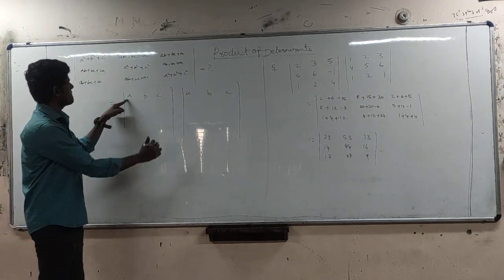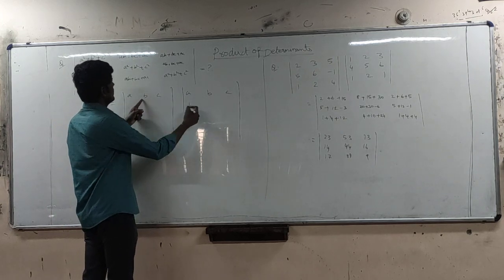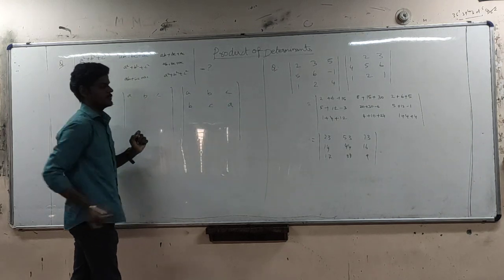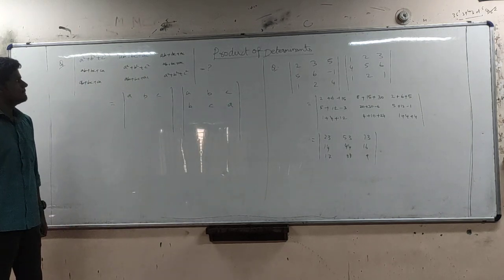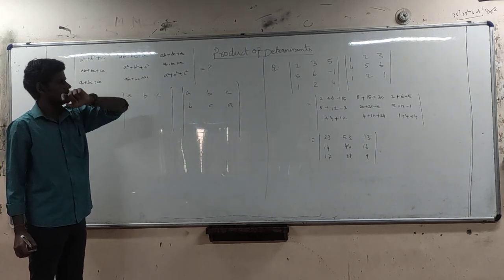Here we have a into b, b into c, c into a. Next element is ab, bc, ac.